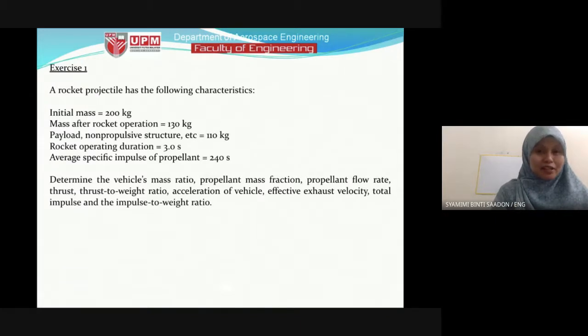We still have those equations, thrust force, etc., for rockets, but it is more important to know the specific impulse, the effective exhaust velocity, because for a rocket we want to know how long it can endure, how long it can last. So that's why the specific impulse of 240 seconds is more important.